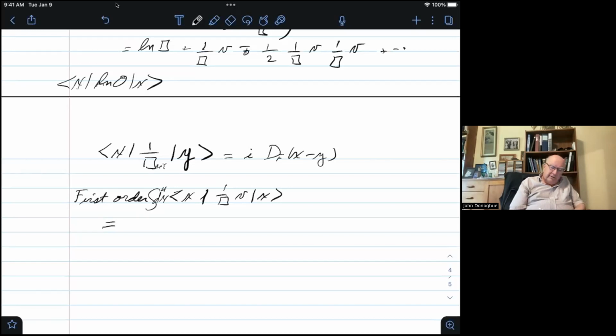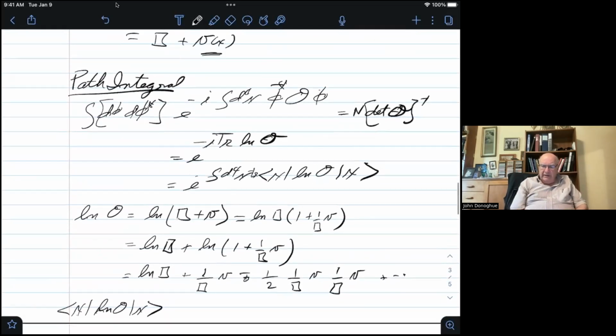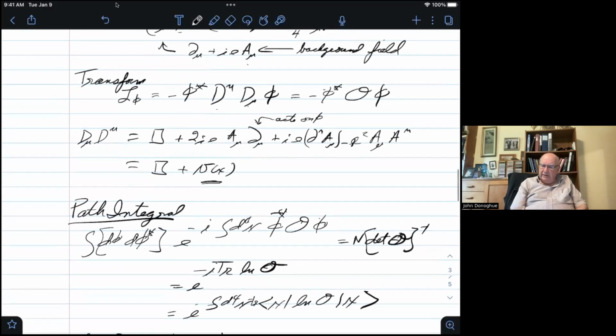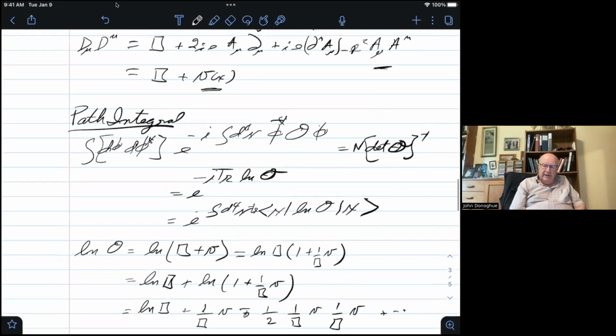So this turns into the integral d4x, the propagator from x minus x, times V of x. Now V of x has terms in it, and the piece I'm going to look at at the moment is the A times A piece.